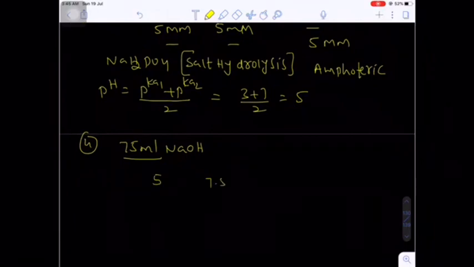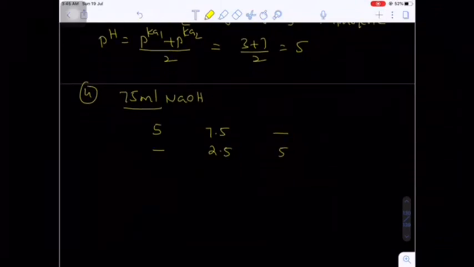After that you have 75 ml of NaOH. When 75 ml of NaOH is added, what happens? So 5 millimoles of phosphoric acid and 7.5 millimoles of NaOH. 5 millimoles of phosphoric acid consume 5 out of the 7.5 completely, and 2.5 will be left, and 5 millimoles of sodium dihydrogen phosphate will be present.